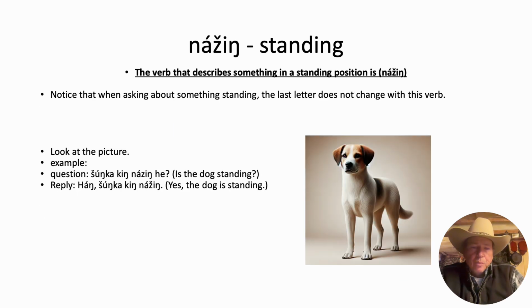Our next verb, naji. So, back in my day, that Z with the little wedge above it used to be a J. And now in most of the orthographies that everybody's using, they use this Z with a little wedge above it, and that makes the zh sound.